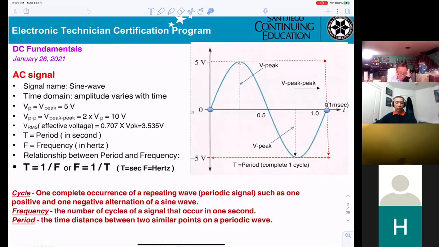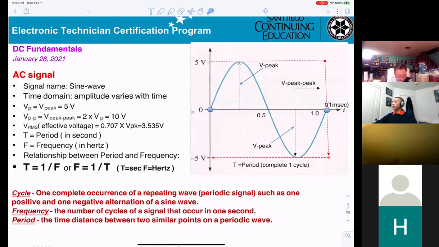And this is the following, the definition for each one. Cycle: one complete occurrence of a repeating periodic wave signal, such as one positive and one negative alternation of the sine wave. So the part up here is called the positive alternation, and the part down here will be the negative alternation.